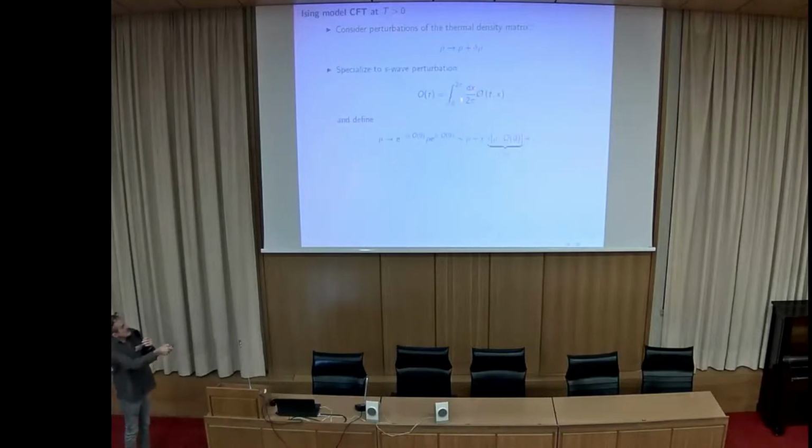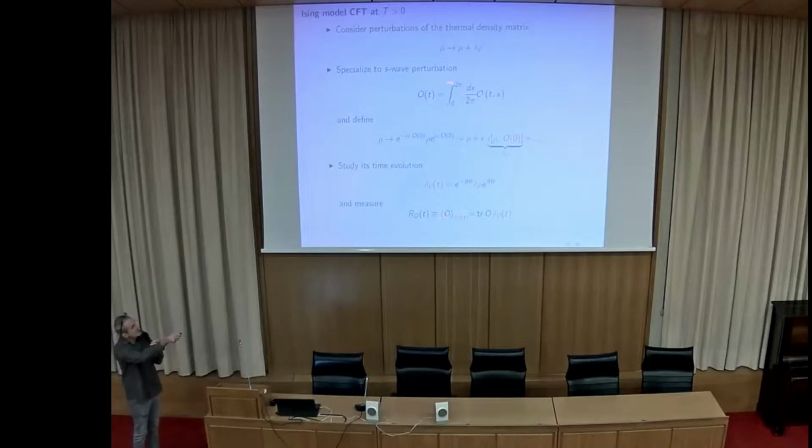So we construct it: we take some primary field in the CFT, integrate over space, since we want zero momentum, the simple situation. And then we perturb the thermal density matrix by doing this type of similarity transformation. So at linearized order, we just have the commutator of rho and this integrated primary field. And then we would like to study time evolution. We evolve it using the Hamiltonian of the CFT, and of course we look at some observable.